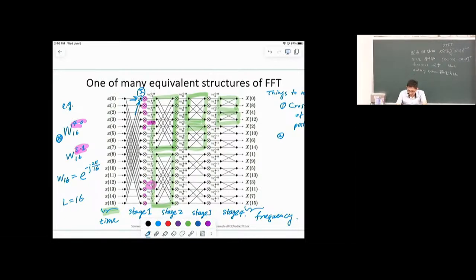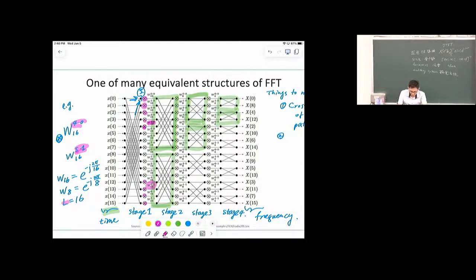Later in the flow, you also find W8, W4, the subscripts 下标. Similarly, W8 is e to the minus j 2 pi divided by 8. Now, these are the factors that can be pre-computed. 可以预先计算.